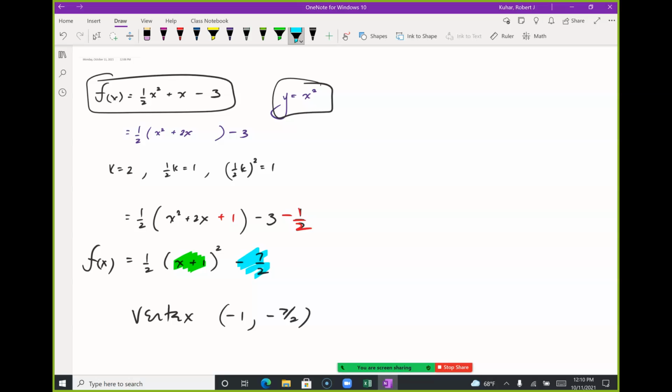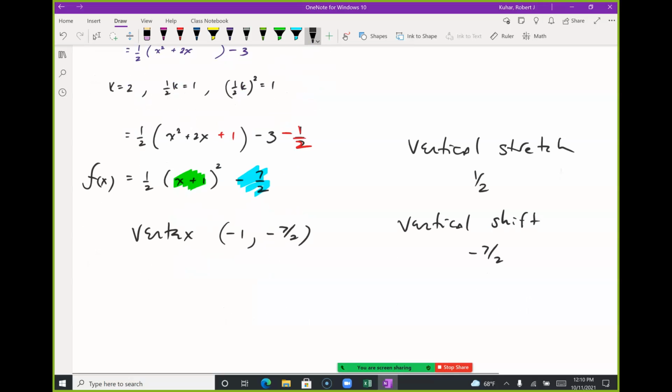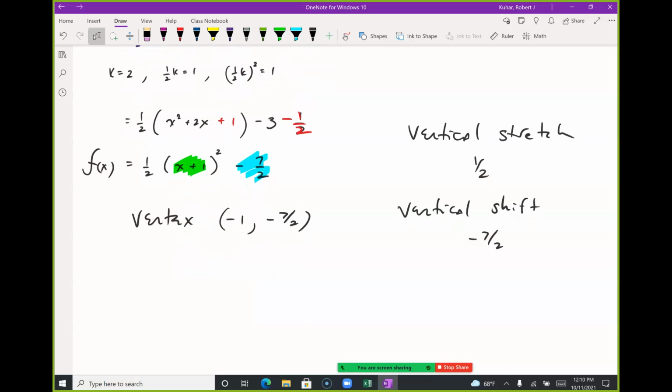So the vertical stretch is a 1/2. Horizontal stretch, none. And there won't be until we do the trig. Vertical shift, that's up or down, is -7/2. And horizontal shift is -1. So you just had some things mixed up.